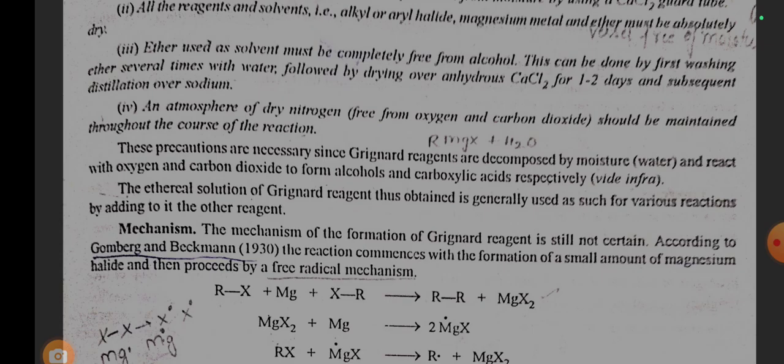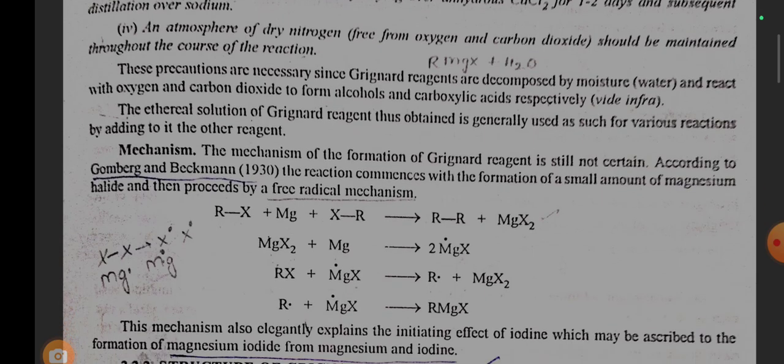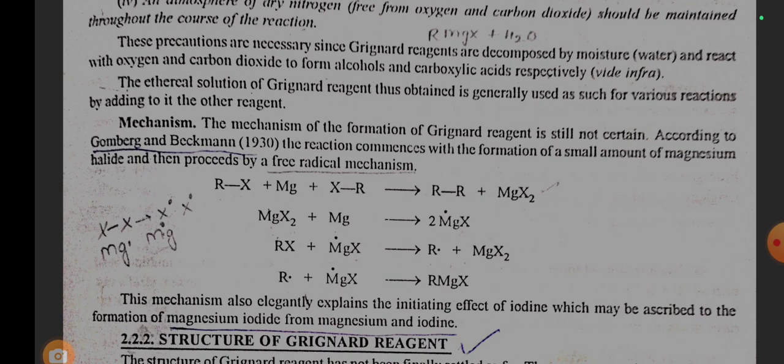These precautions are necessary since Grignard reagents are decomposed by moisture and react with oxygen and carbon dioxide to form alcohols and carboxylic acids respectively. The ethereal solution of Grignard reagent thus obtained is generally used as such for various reactions by adding to it the other reagent. Mechanism. The mechanism of the formation of Grignard reagent is still not certain.